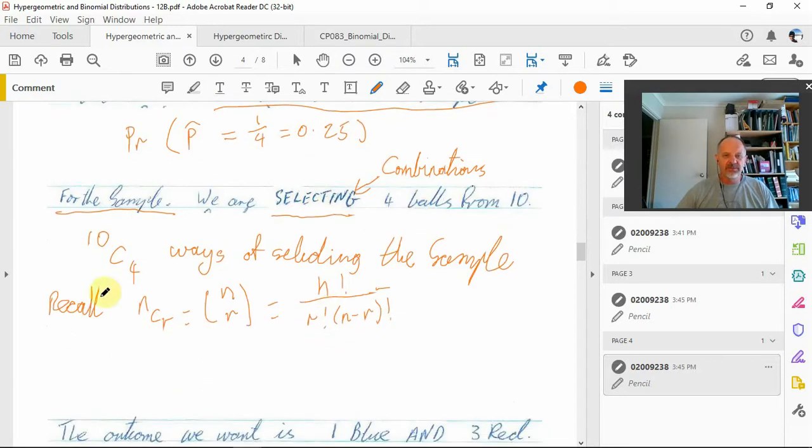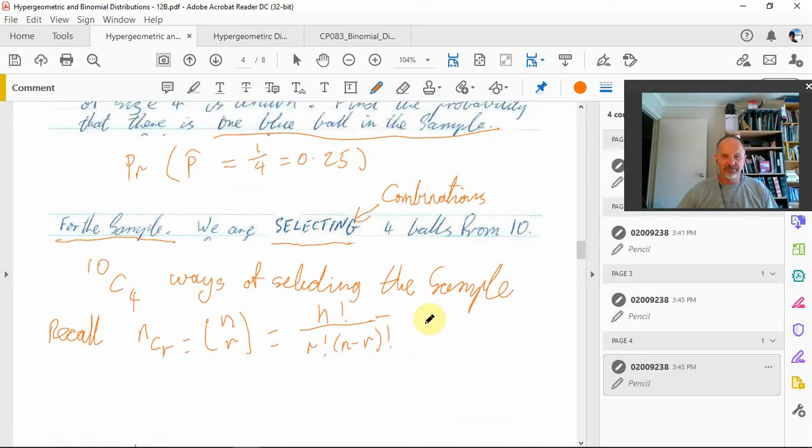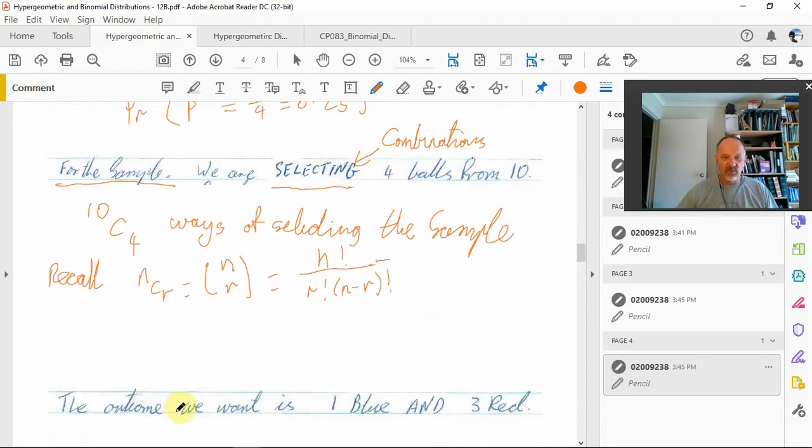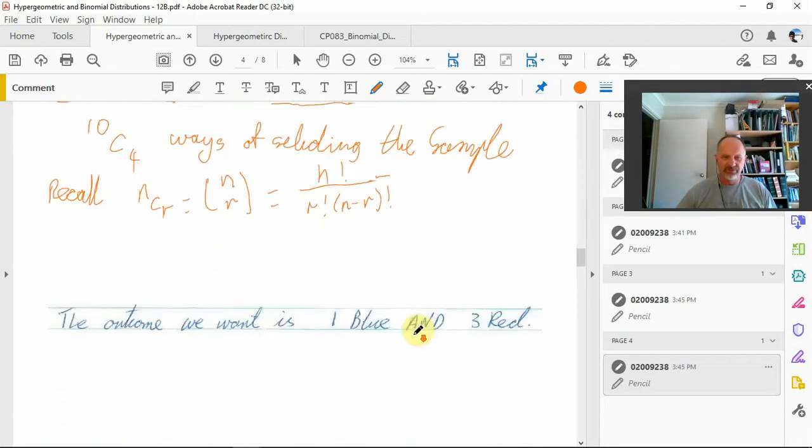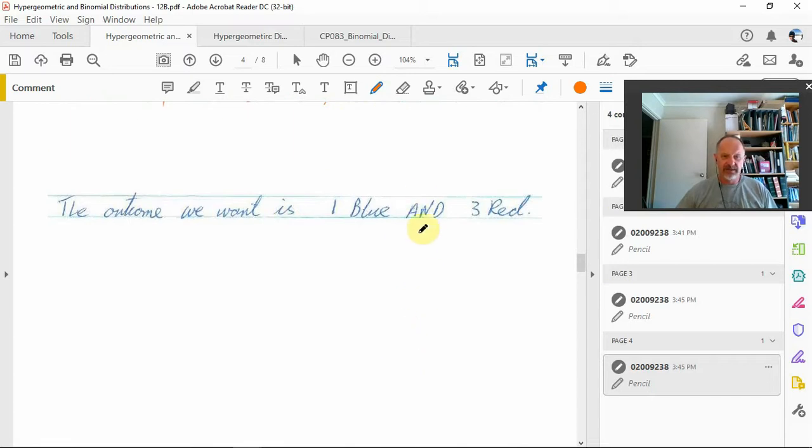Here's the number of ways we can select our sample: 10C4. For that outcome, the outcome we want is 1 blue and 3 red. Remember, when we're doing probabilities, "and" means times.